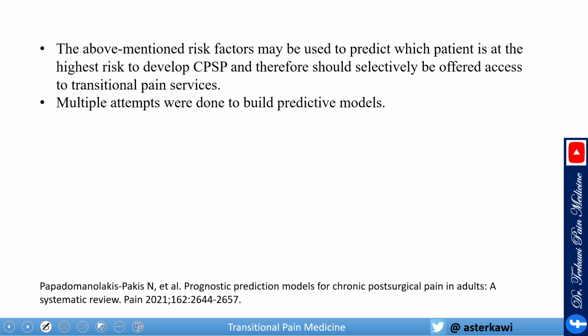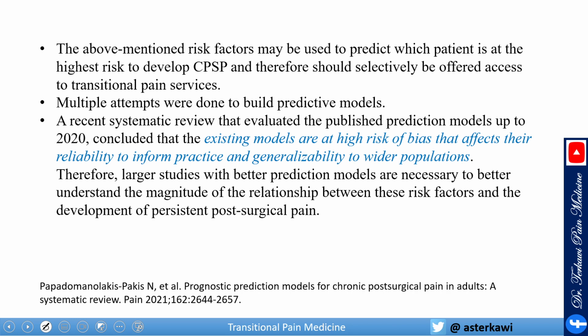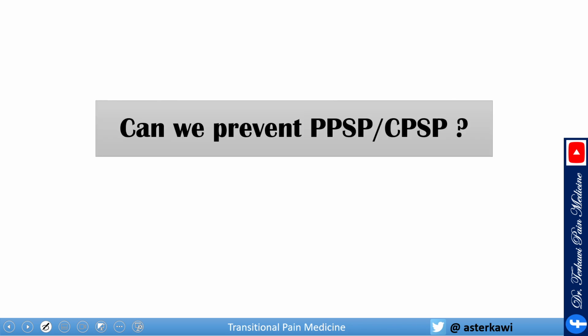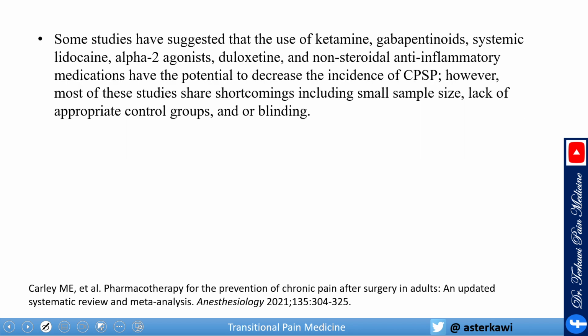There are multiple attempts to do that, but a recent meta-analysis showed that existing models are at high risk of bias, which affects their reliability to inform precision. So more research is recommended in this field. Now, can we prevent chronic post-surgical pain?